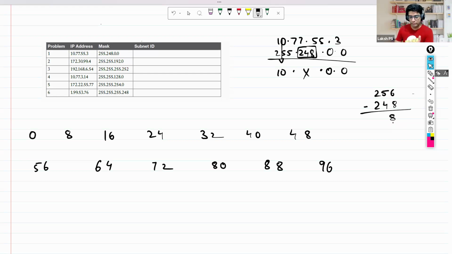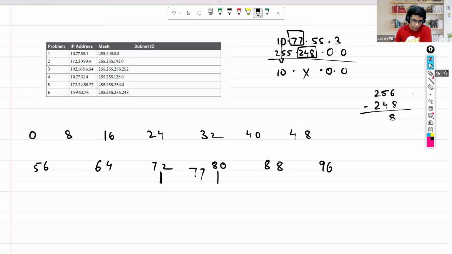Now, till where should we write? We will write the multiples of 8 till we come to the number which corresponds to 248 in the IP address. The number corresponds to 77. Now 77 is a number which falls between 72 and 80, and this is where we will stop.